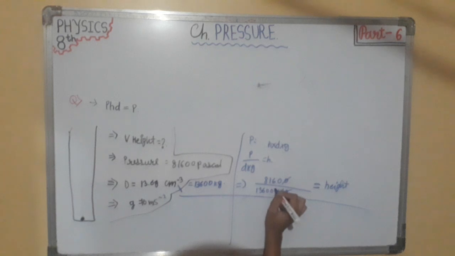Zero cut, zero cut. Remaining 816 upon 1360 is equal to height.